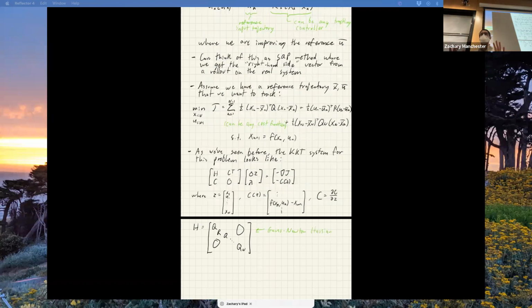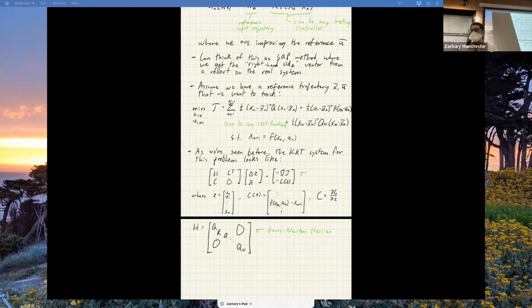Hopefully that's cool. So now some questions. We're basically writing down a Gauss-Newton KKT system here. So first question: in the top of this vector, usually that's the gradient of the Lagrangian, right? And there's some Lagrange multiplier stuff in there.